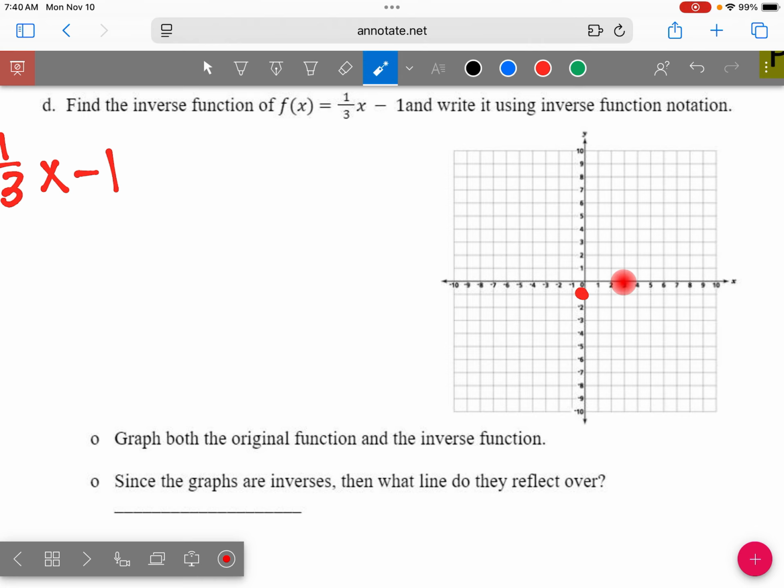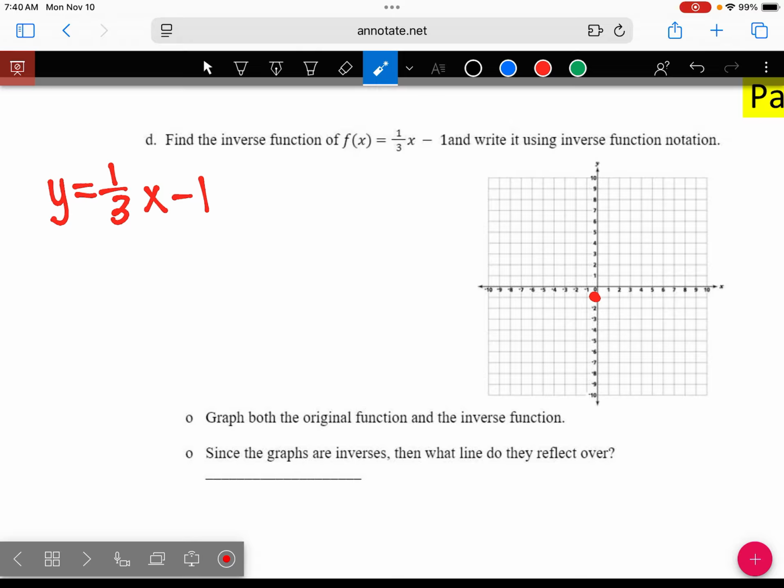So 1/3 means that I'm going up 1. It's positive, so I'm going to go up 1, right 3. So from the red dot that you put down at negative 1, go up 1, right 3, put a point. Matter of fact, let me zoom in.